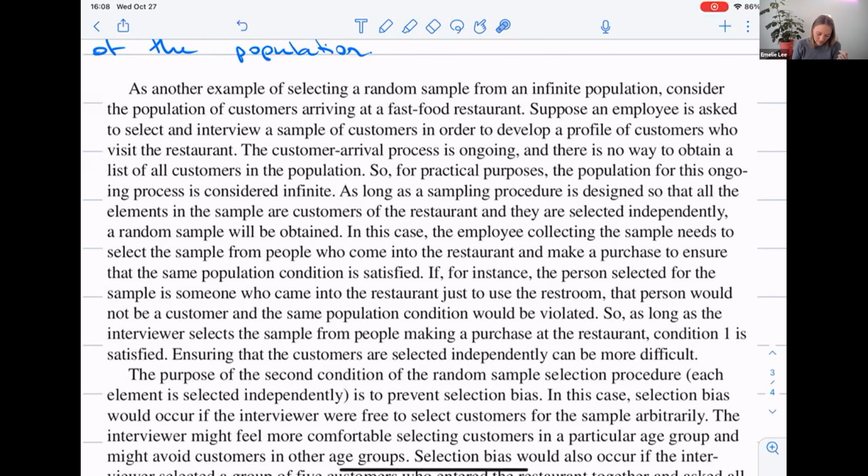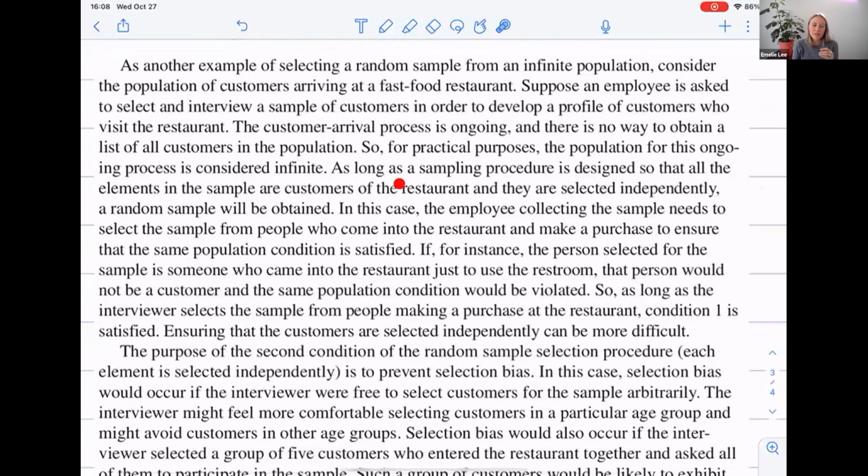And so if we are sampling from an infinite population, we said, okay, as long as we're sampling from the right population and all the elements are independently selected, then we can assume that we have this random sample.